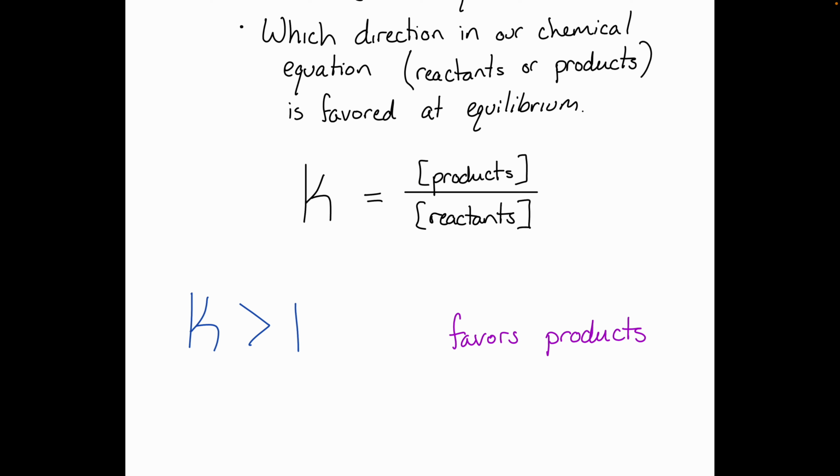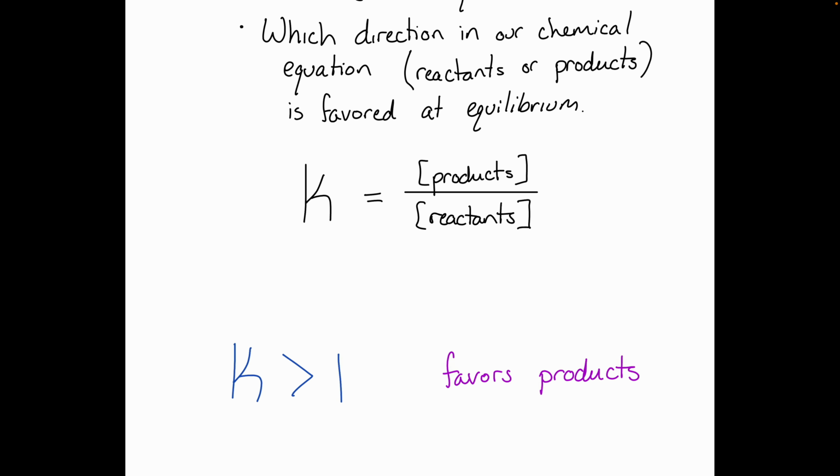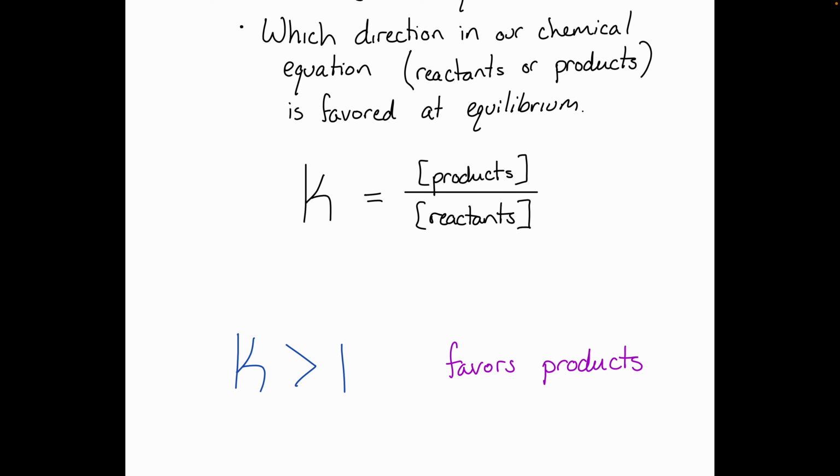We're going to go a little bit more than that. We're going to give it these cutoffs here. Our upper cutoff is 10 to the positive 3. If K is between 1 and 10 to the positive 3, that is a reaction that favors our products, but we would say it only weakly favors our products.